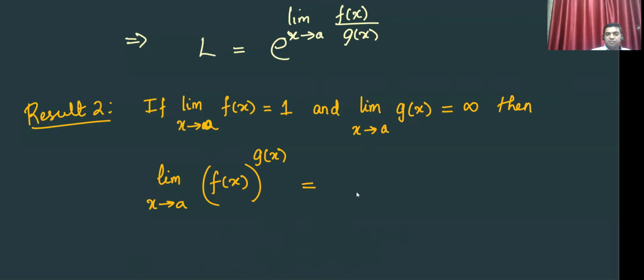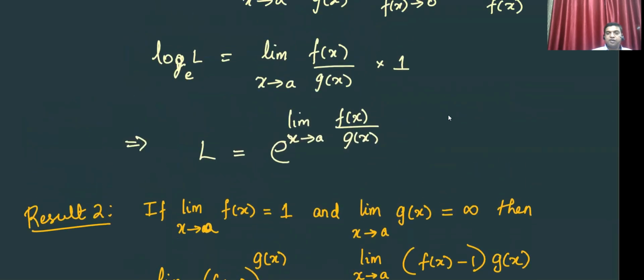It is e power limit x tends to a, f of x minus 1 times g of x. So look at this. This is very important.